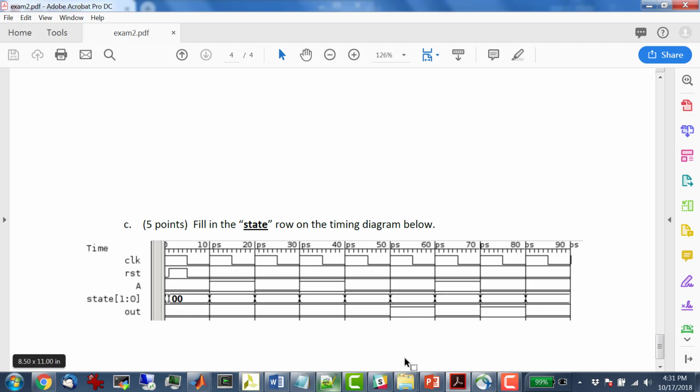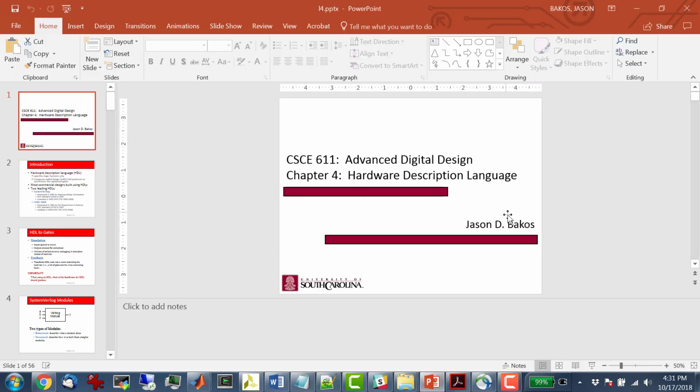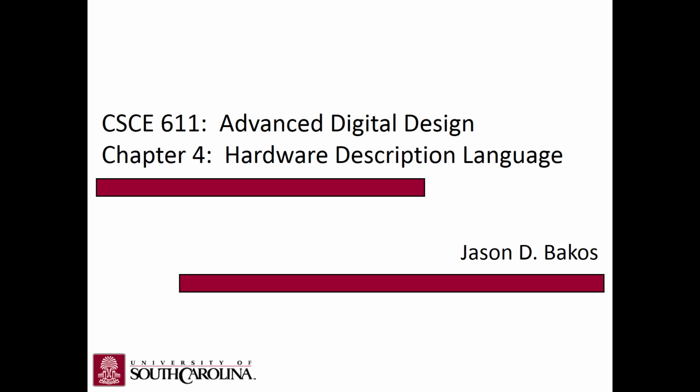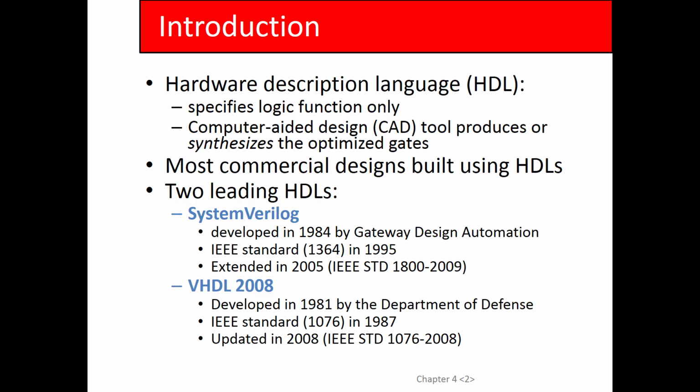Okay, so now we can start the stuff that I think is the most interesting part of this class, hardware description language. So far we've designed circuits using a truth table to describe their behavior, right? Or sometimes Boolean logic, or sometimes a finite state machine.